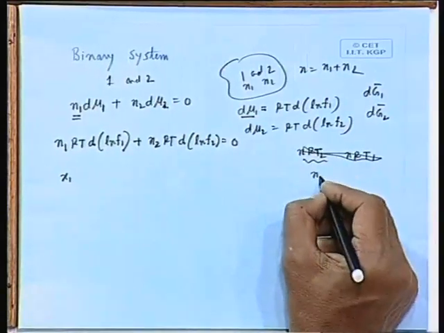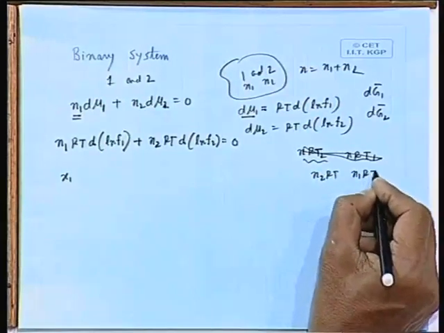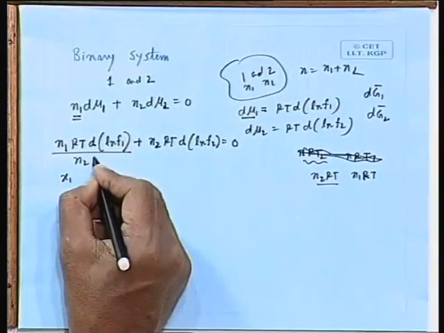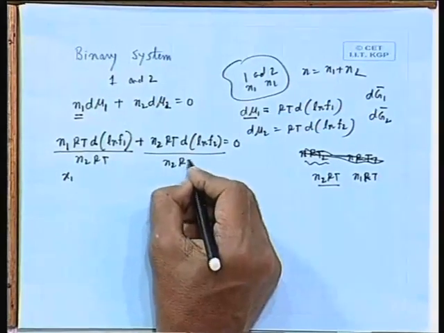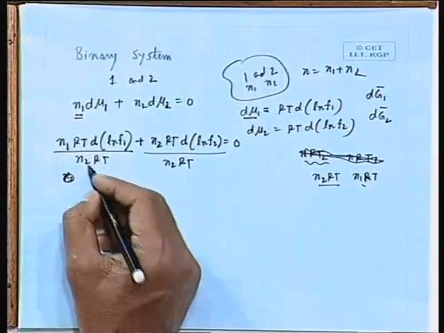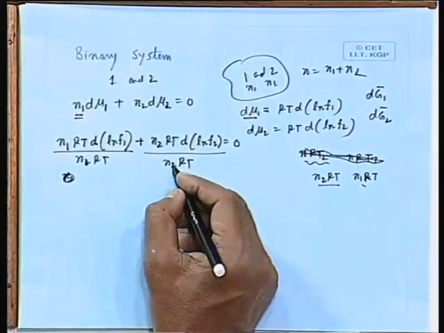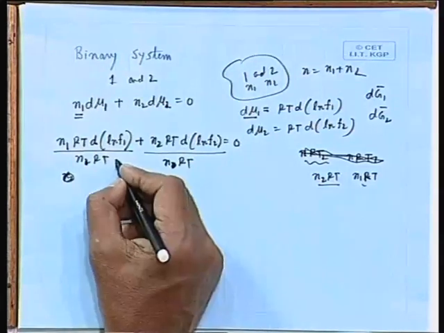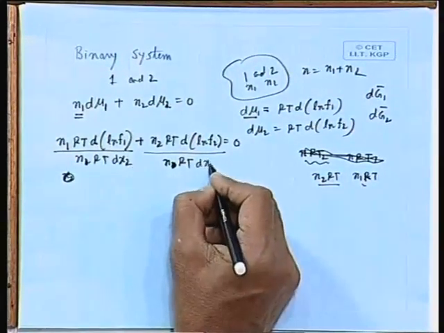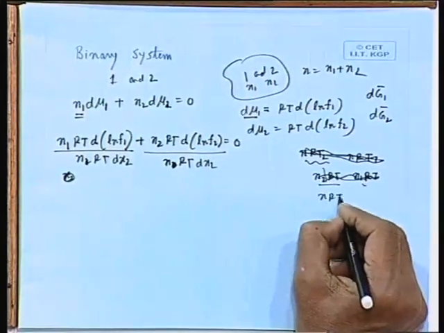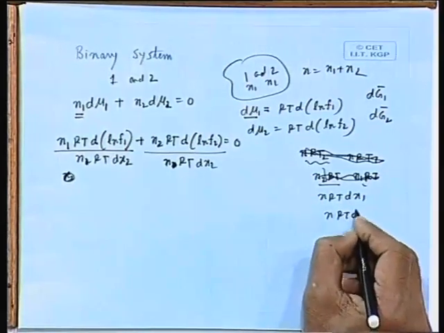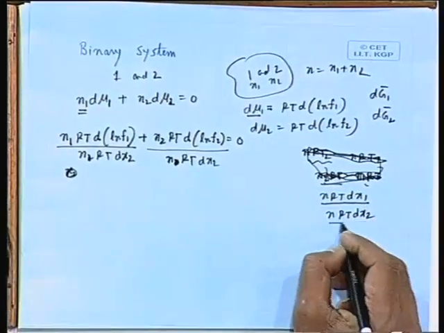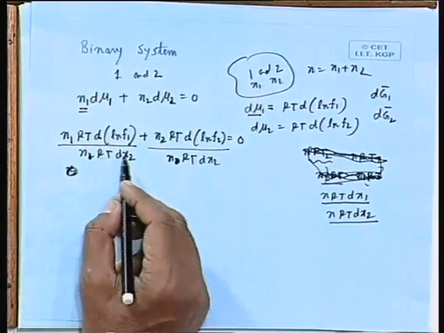I am sorry, it is not N2RT, it is nRT dx1 or nRT dx2. So I divide by nRT dx2.